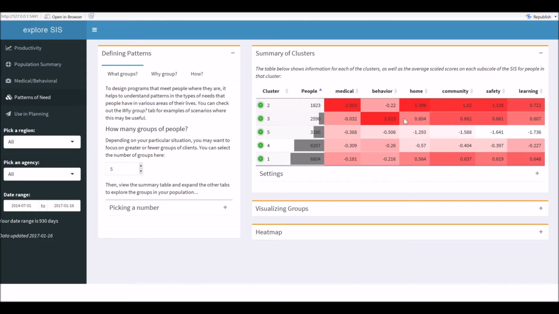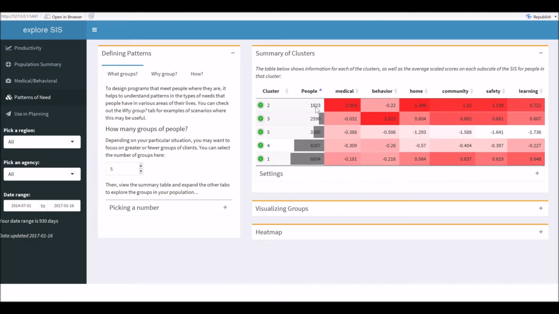Similarly, I would guess that some of these people with higher needs are the ones that show up on the right-hand side of that histogram. So you can see how the same underlying data is helping to inform multiple different ways of looking at it, multiple types of analysis.